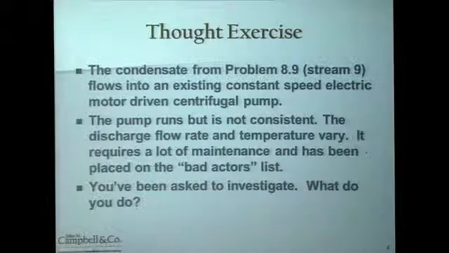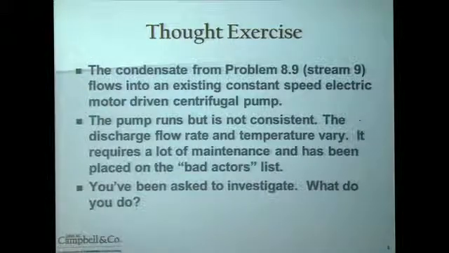That was the hydrocarbon dew point control unit that you evaluated in section 8, which was the energy changes. If you take the condensate from that hydrocarbon dew point control unit and assume that it flows into an existing constant speed electric motor driven pump, that's the assumption over here.